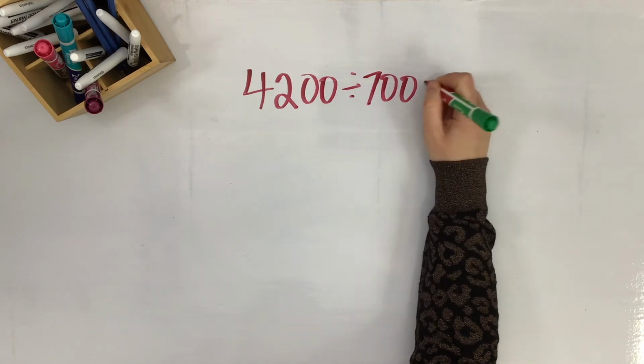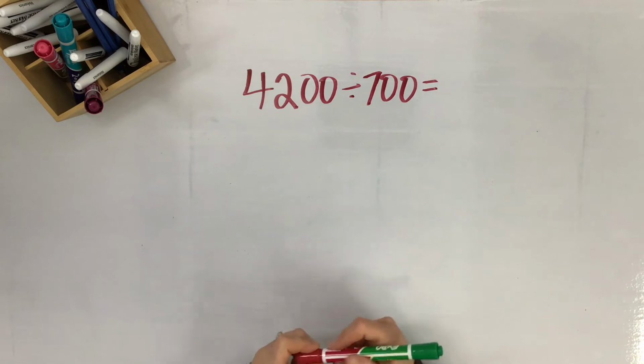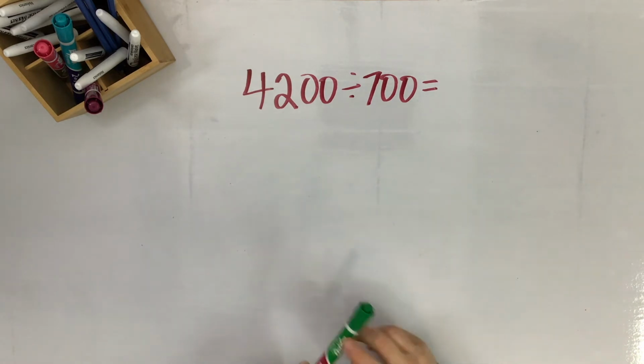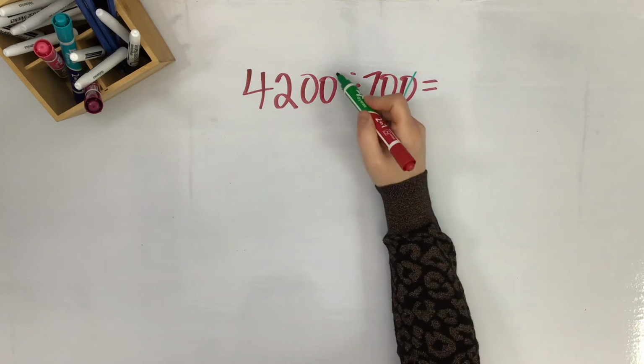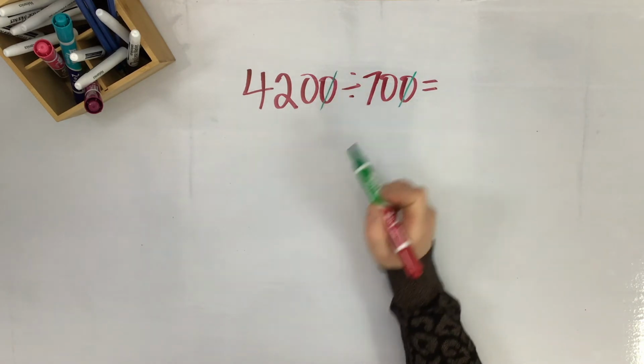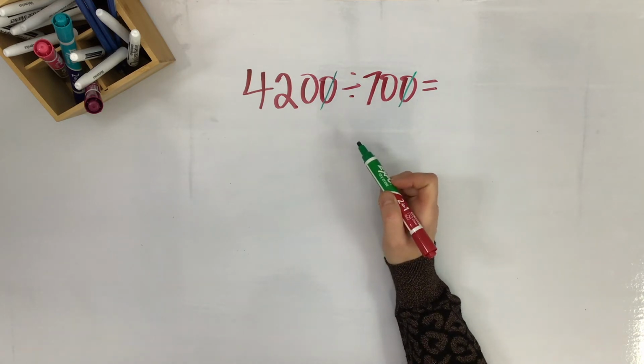Let's start with this. 4,200 divided by 700. Now, going back to the examples I just showed you, we know that I can increase or decrease each side of this question by the same factor of 10, and it will not affect the answer.